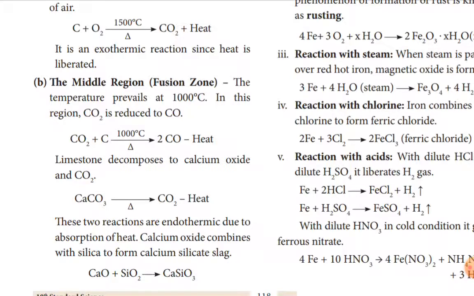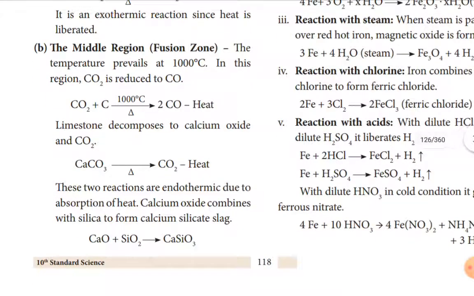So in the equation it is given carbon dioxide alone, but you have to write CaCO3 gives CaO plus CO2. Calcium carbonate gives CaO, that is calcium oxide, plus carbon dioxide.